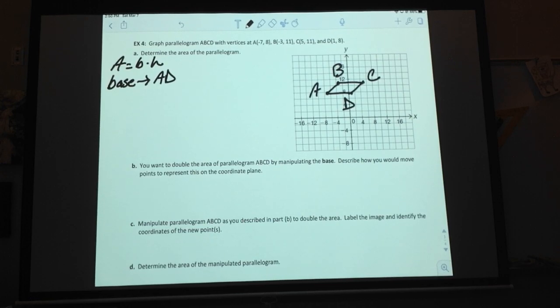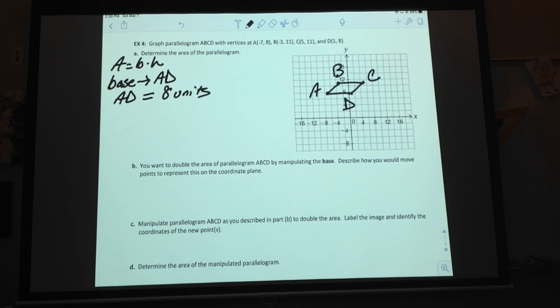And why do I want to make my base AD? Those of you who said because AD is a horizontal line and I can count it, that is absolutely right. So I know from A to D that's going to be 8 units. Nice and easy to count.